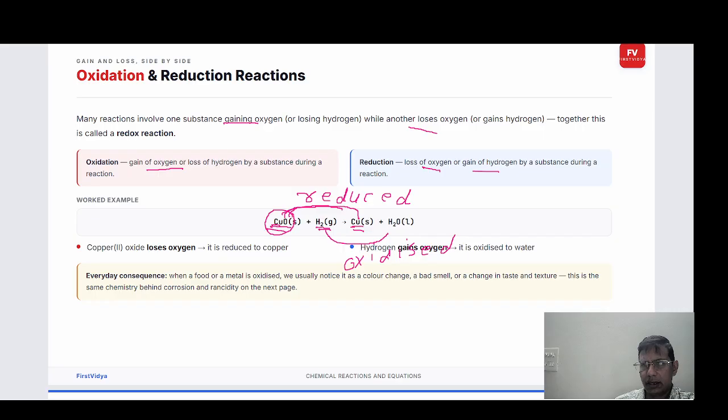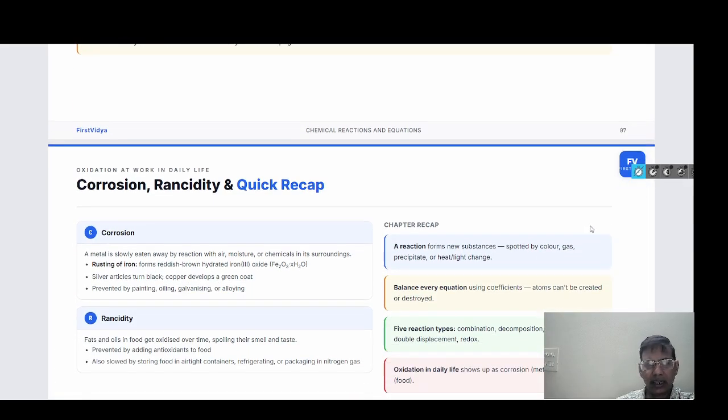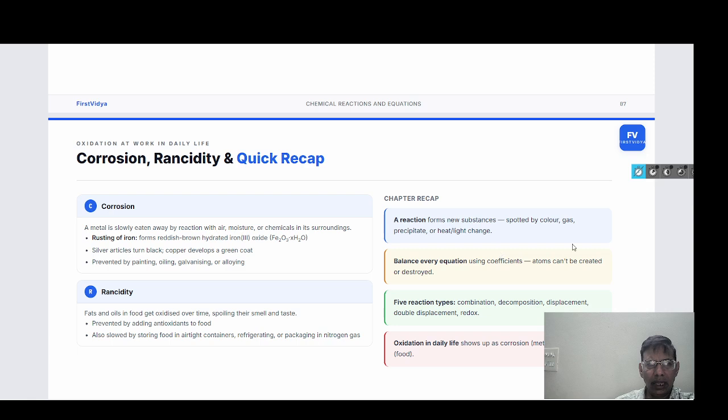Then let's understand the next one: corrosion and rancidity. So what is corrosion? Metal is slowly eaten away by reaction with air, moisture, and chemicals. Every day we see rusting. How does rust form?